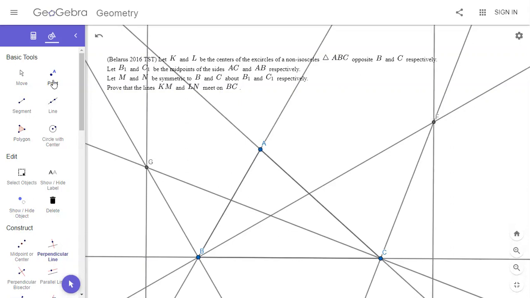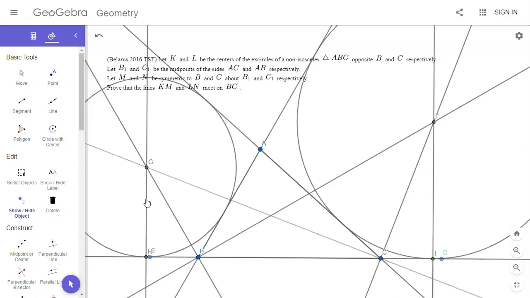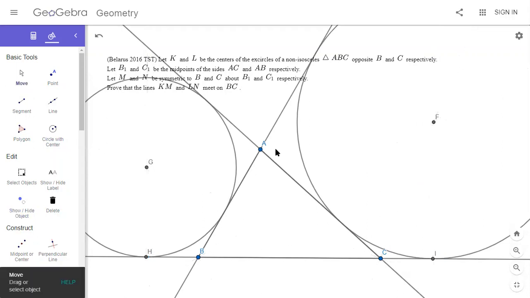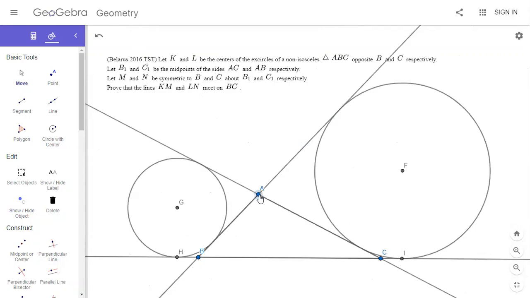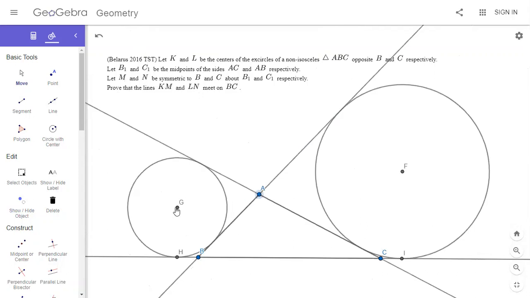Okay, so I'm going to draw the excircles. All right. So they call it B1 and C1.